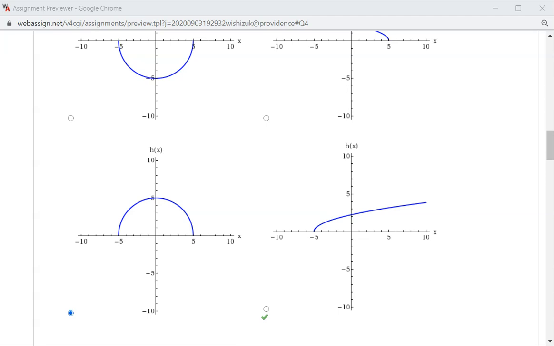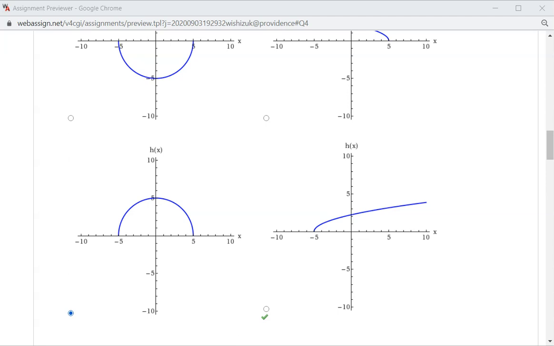All right, so once you have a picture, it's fairly easy to find the range. Range is basically the collection of possible y values. The y value is the up and down. So look at this picture. What will be the lowest value it can get? You can see that the lowest point is either here or there. Actually, it's a tie.